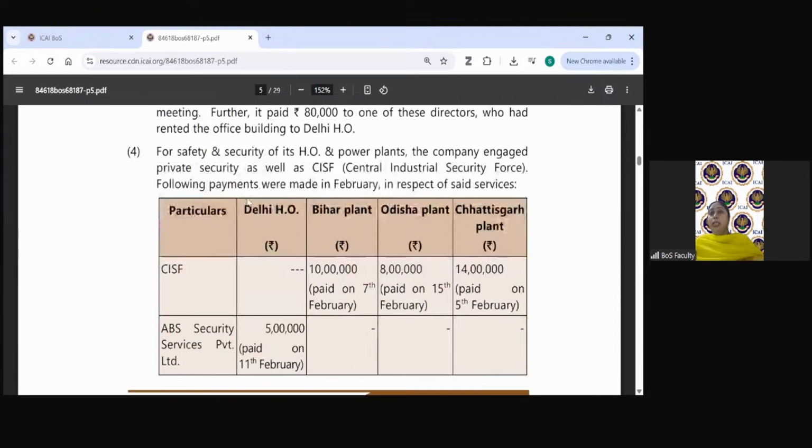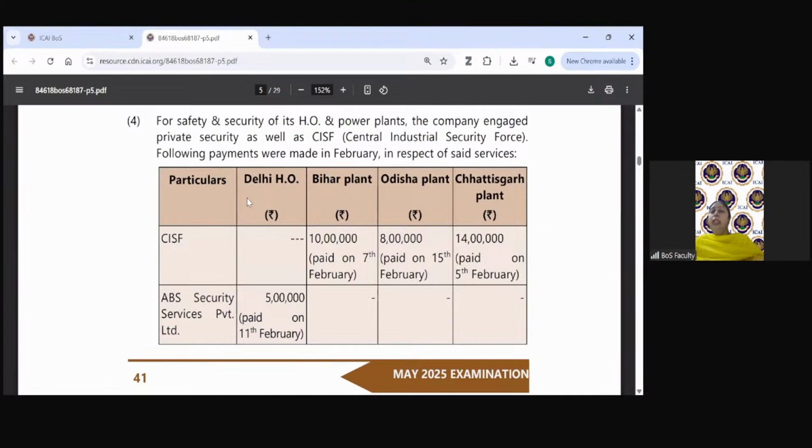Now, last transaction, additional information which is there. For safety and security of its HO and power plants, the company engaged private security as well as CISF, Central Industrial Security Force. Following payments were made in February in respect of said services. Now, some payment was made to CISF and some payment was made to a private security company.